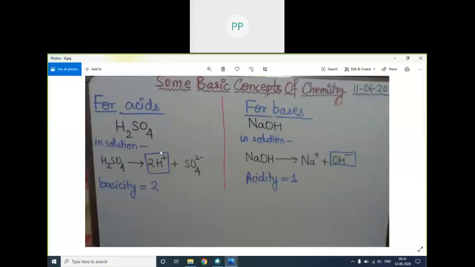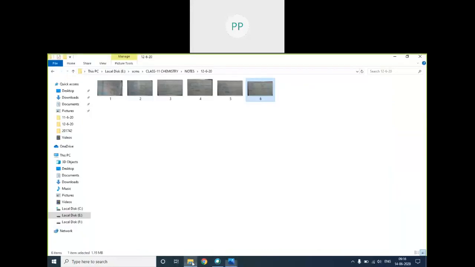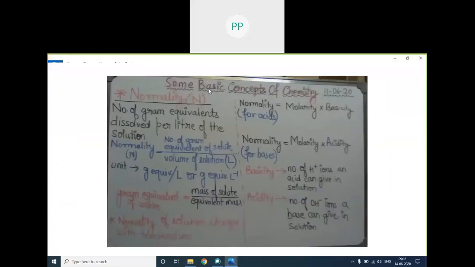Basicity is for acids and acidity is for bases. So this is the difference. Using basicity and acidity, we can easily calculate normality: normality equals molarity into basicity for acids, and normality equals molarity into acidity for bases.